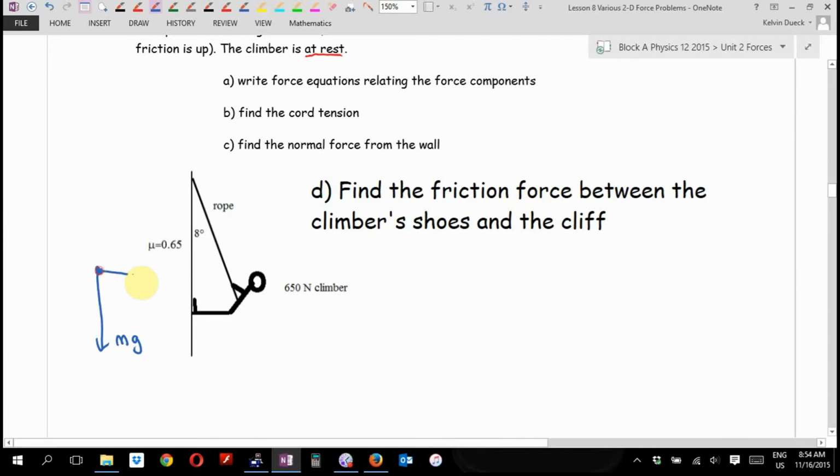Definitely a normal force kicking out from the cliff. There's a rope. Tension, and on the climber's torso, on his center of mass, that's it. Now you're going to, where's friction? Patience, patience. Those are the 3 forces acting on the climber.